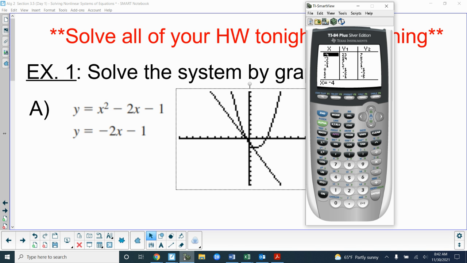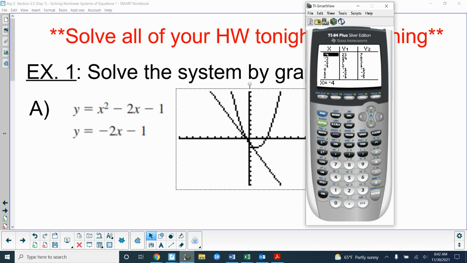For both, right? That means they have that point in common. All right, that might be the only point. It's kind of hard to tell here. All right? That might be the only point of intersection. Okay?